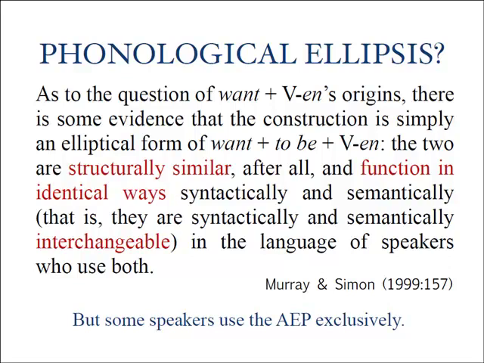So they would never use the standard form with the "to be." So that's already a bit of a counter argument to this, because that's saying they always have the standard form and then they always drop the "to be." So that's a slightly odd thing to say, and it maybe indicates that there's something else going on.